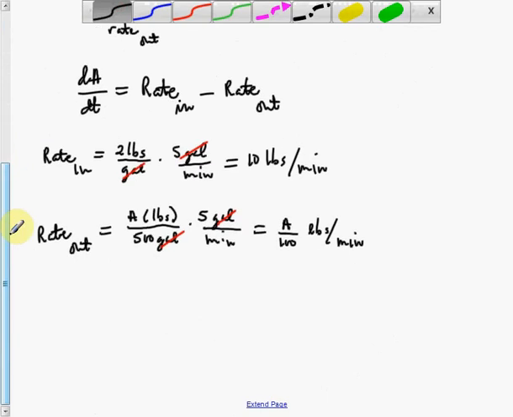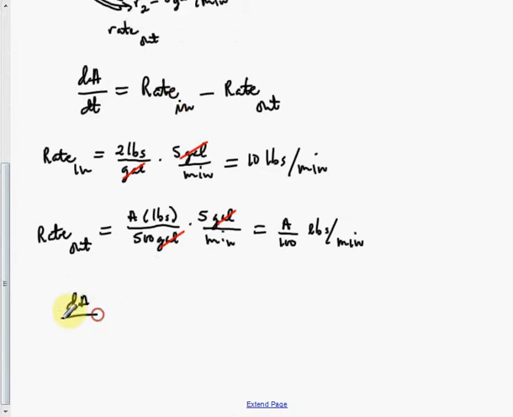So now we can form the differential equation. Remember that dA over dt is equal to the rate in minus the rate out. So here we have dA over dt is equal to the rate in, which gives us 10, minus A over 100.